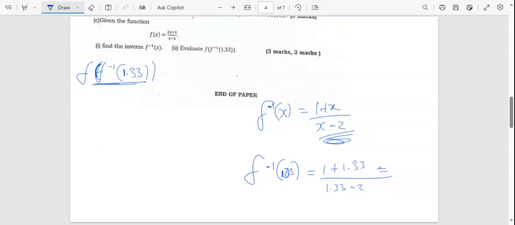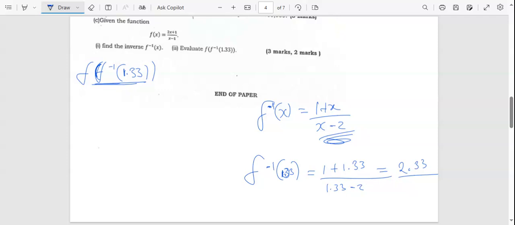So let me punch that on my calculator. I don't want to make a mistake. I know here it's now 2.33.